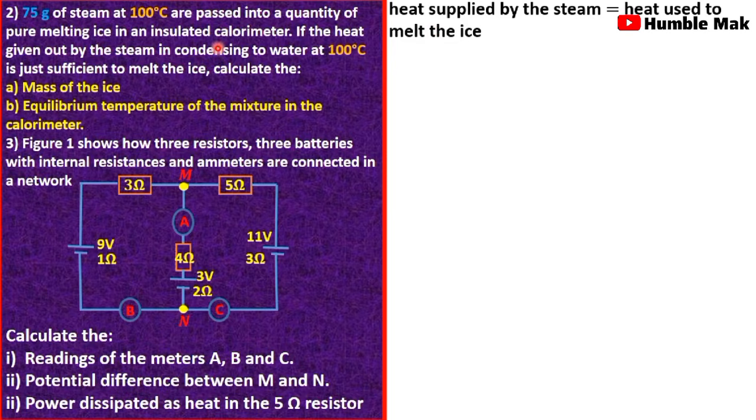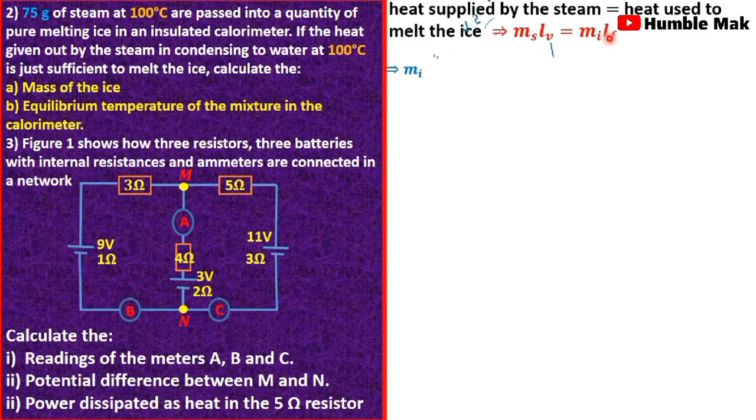So friends, if they've told us that the amount of heat energy given out by that steam is enough to melt that ice, it means we can say that the heat given out by the steam, that is the mass of the steam times the latent heat of vaporization of the steam, has to be the same as the mass of the ice times the latent heat of fusion of the ice. Because the heat supplied by the steam is given as ms Lv. Then the heat used to melt the ice is the mass of the ice times the latent heat of fusion of the ice. At this point, they want us to get the mass of the ice.